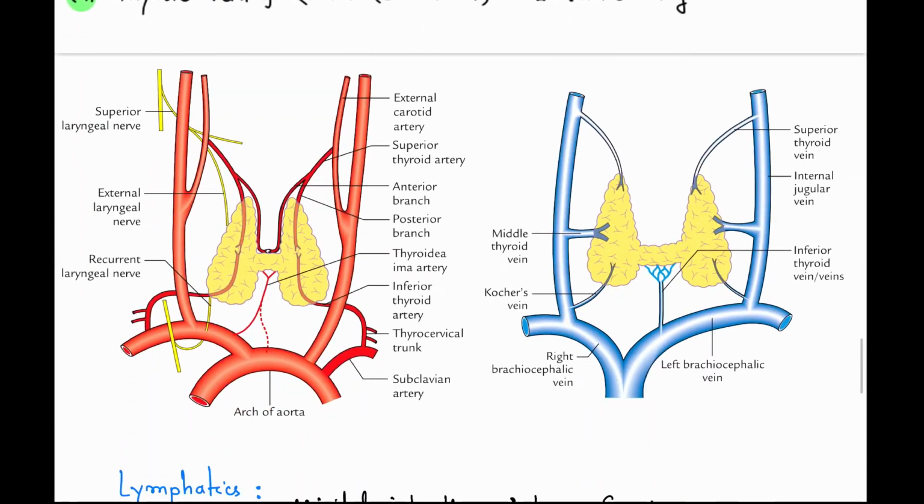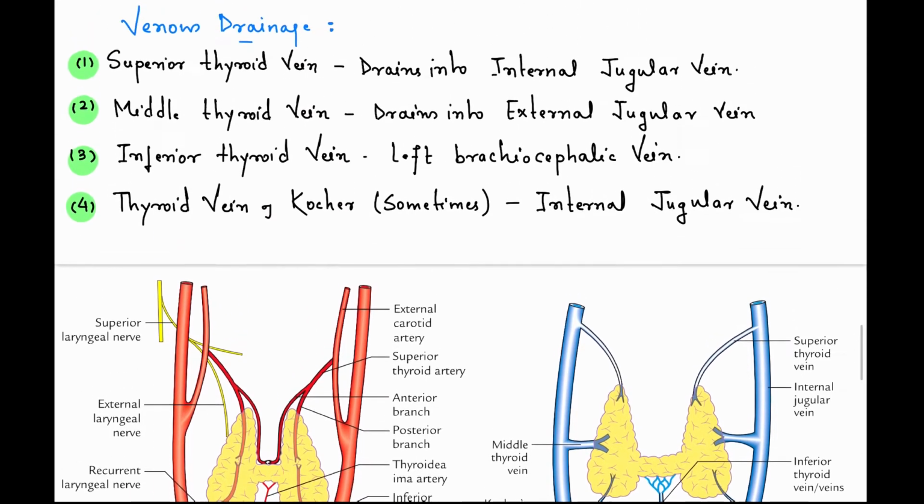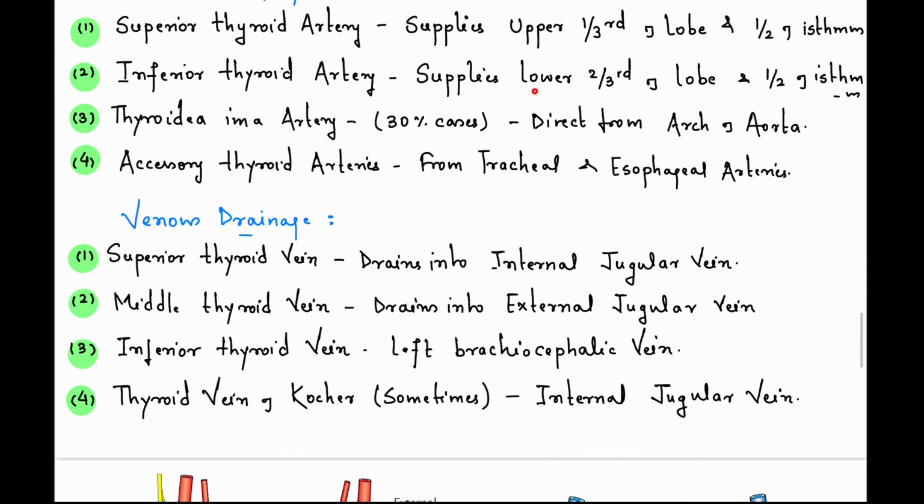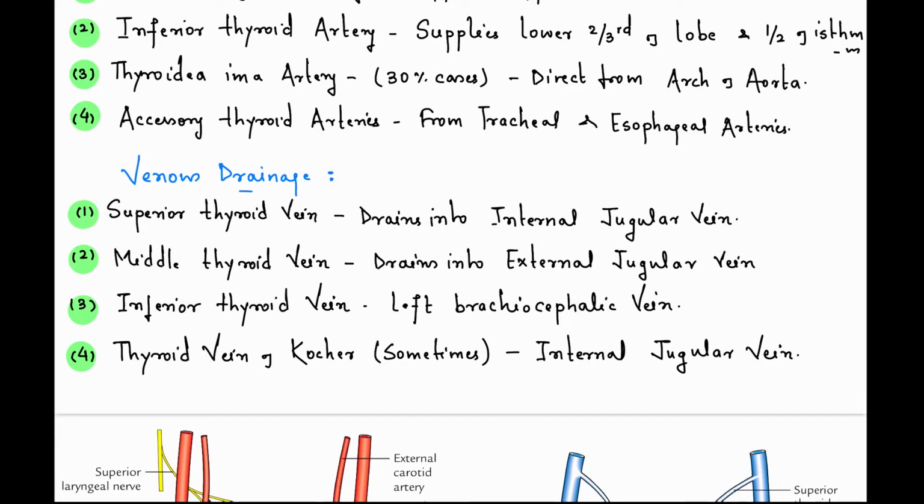The inferior thyroid artery is a branch of the subclavian artery that supplies the lower 2/3 of the lobe and the lower half of the isthmus. The thyroidea ima artery, in 30% of cases, is a direct branch of the arch of the aorta.